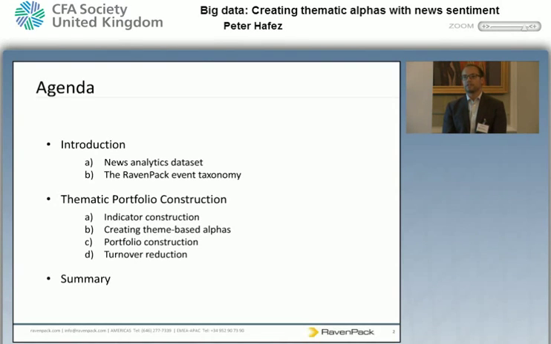The rest of the presentation jumps off from our analytics and our taxonomy, and I'm going to show how we have used the different dimensions to build a set of thematic alphas that we in the end use to create a thematic portfolio.